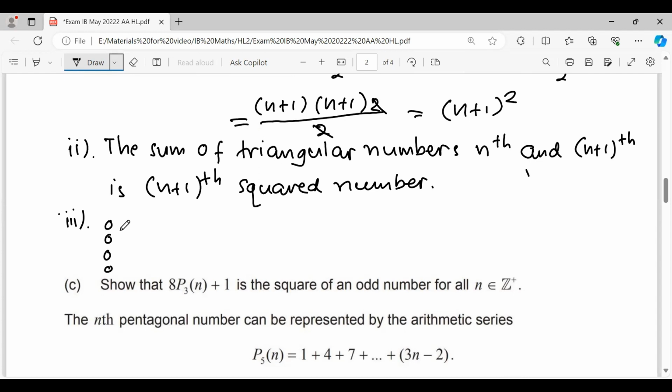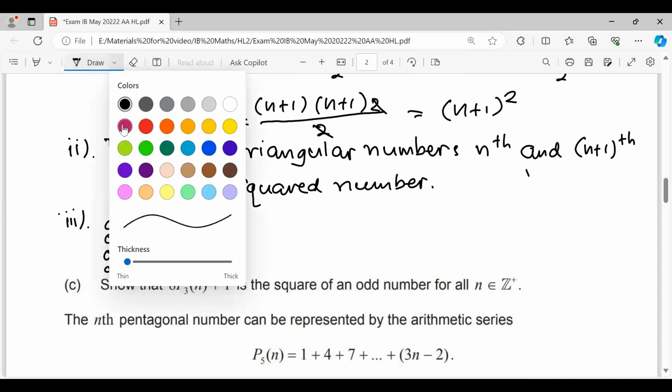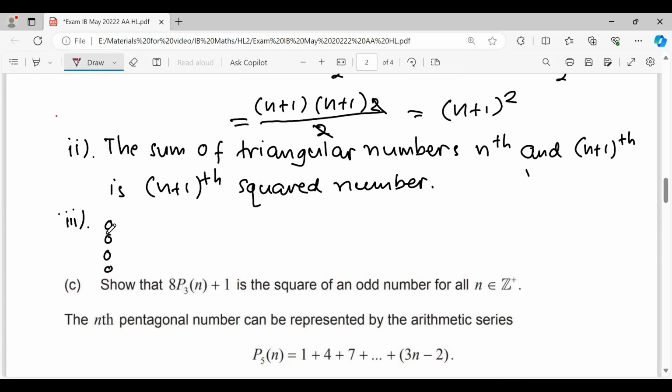Okay, then I'm going to use another color. So 1, 2, 3, 4 as well.